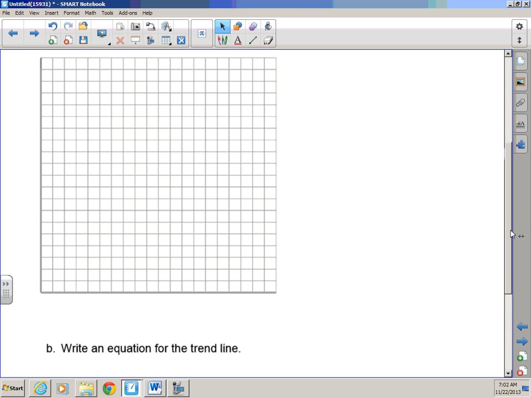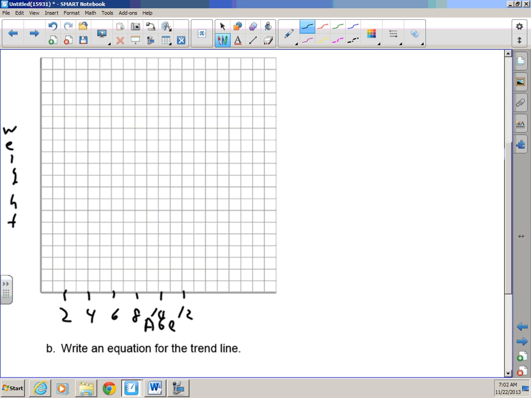Okay, so I have age here, weight here. Age goes from 0 or 1 to 12. And weight goes up to almost 60.